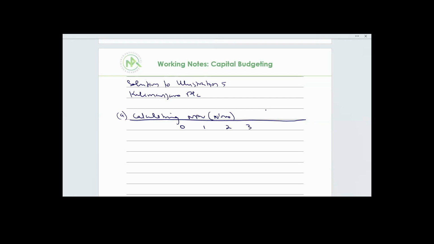Let me write this, the space is too much. Year 0, 1, 2, 3, and 4. Now, I will then go back to the question. I need to identify where I'm given information on tax. I want to know when I'm going to pay tax. Is tax going to be paid in the current year or in arrears?